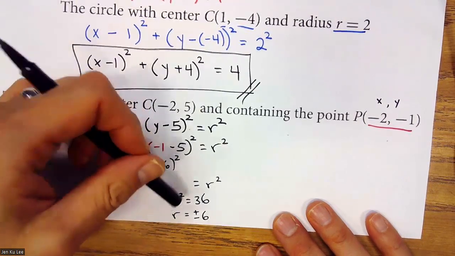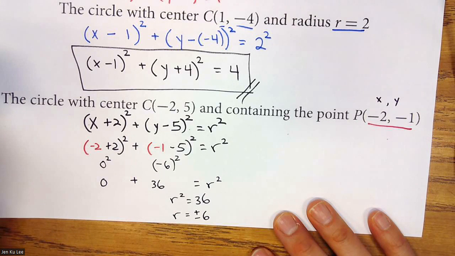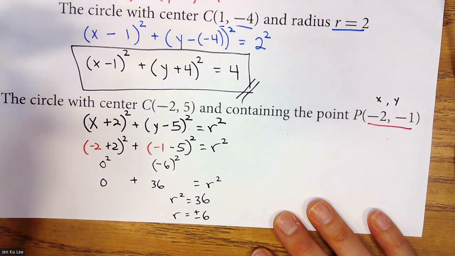So your radius is plus or minus 6, correct? It's either positive 6 or negative 6, right? Is it?